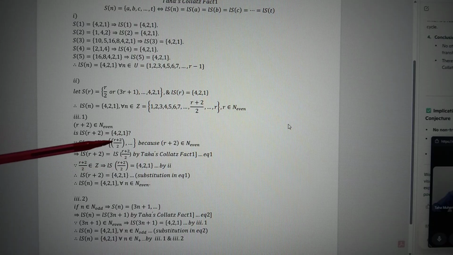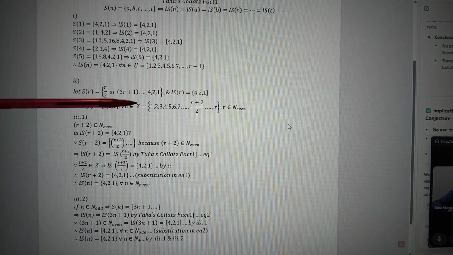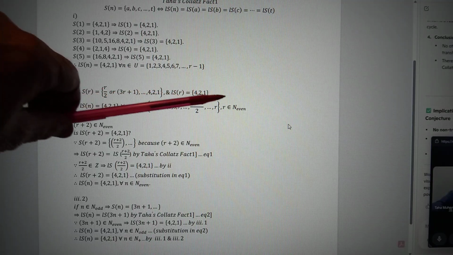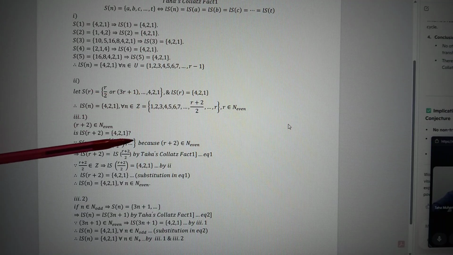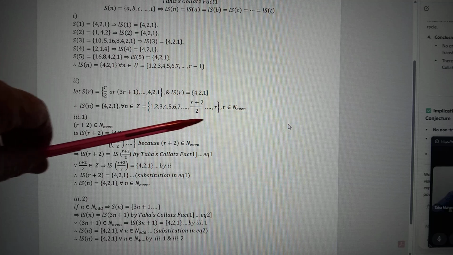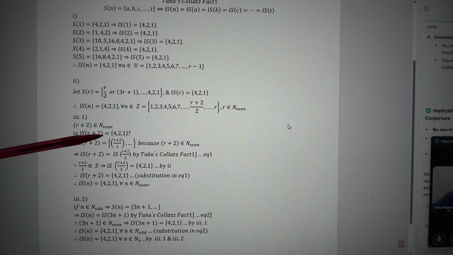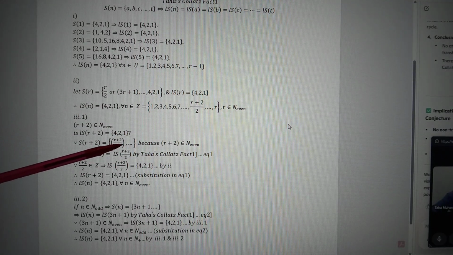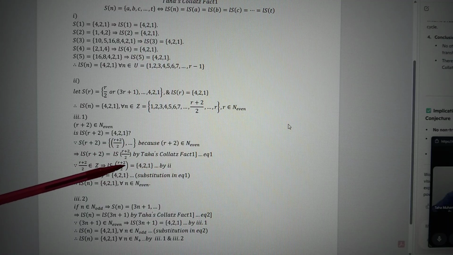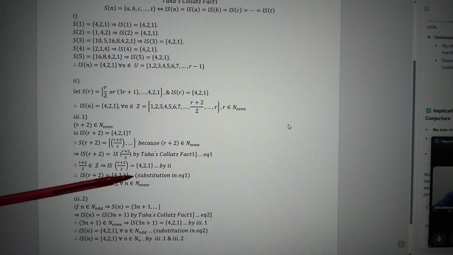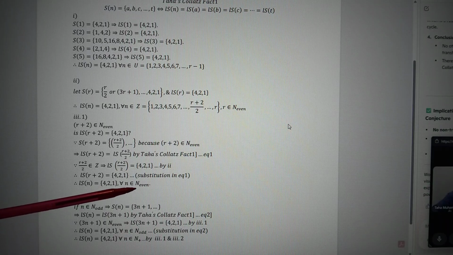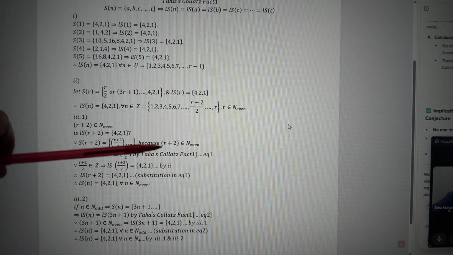But this number is smaller than R. That means we come to this set Z. When this is R, half of it will be before that R. Any element here has the loop 4 to 1. Since this is 4 to 1, therefore this one is also 4 to 1. That means for all n, the loop is 4 to 1 for even. I said for even only.